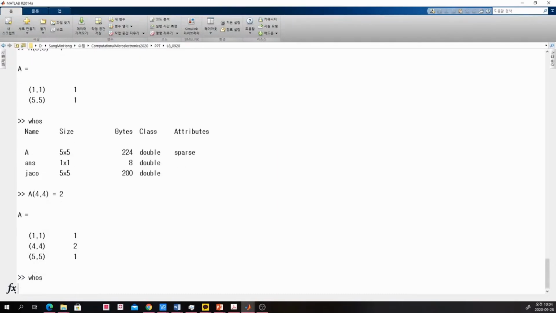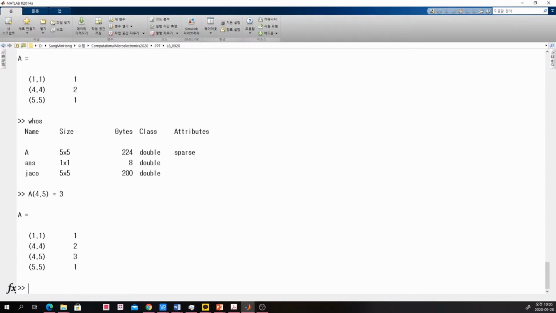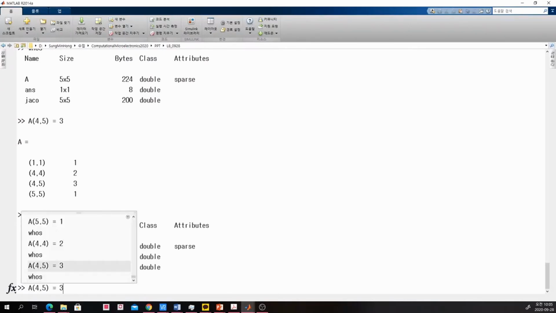Then what will happen? No change. How about this one, 5, 3? Then we will have also this number. Then 1 equal to 1.